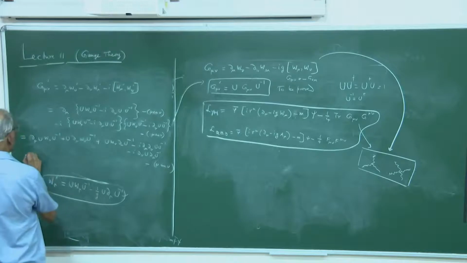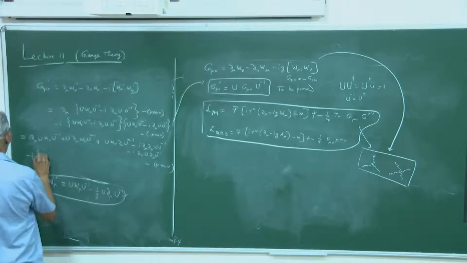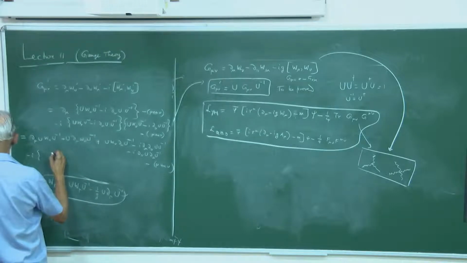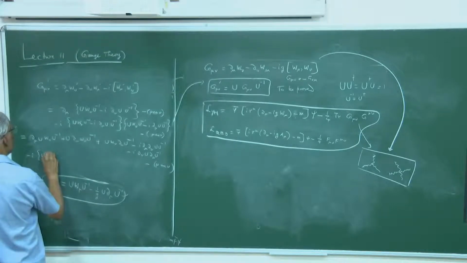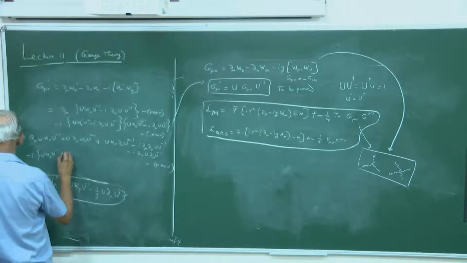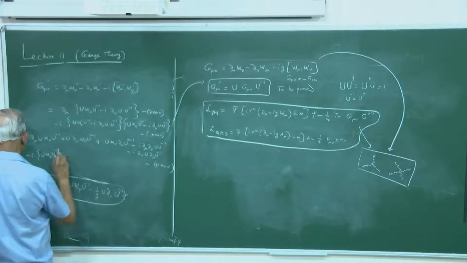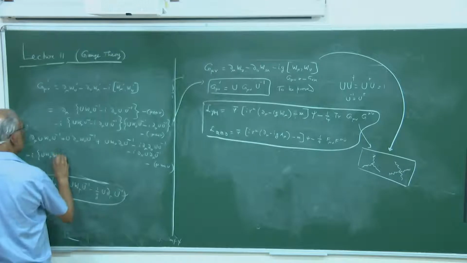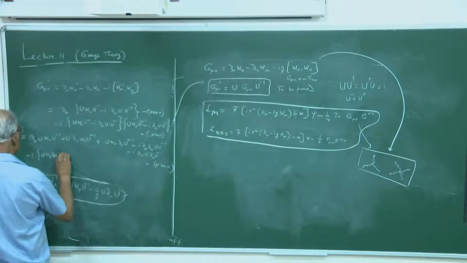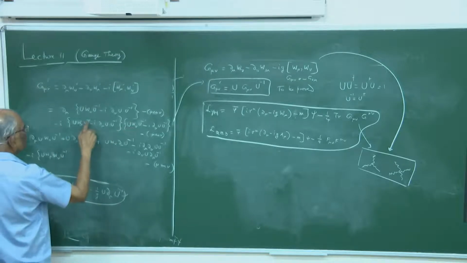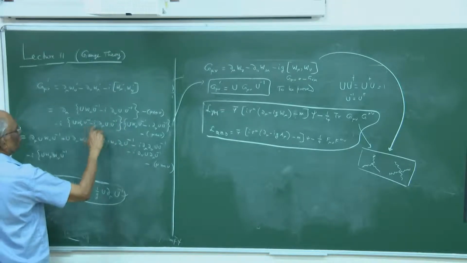Second line is minus I. Well, just 4 terms will be there, so let me write down all the 4 terms first. I hope you know how I got this. When I multiply this by this U inverse, U and U inverse can be removed, since U inverse U is 1.